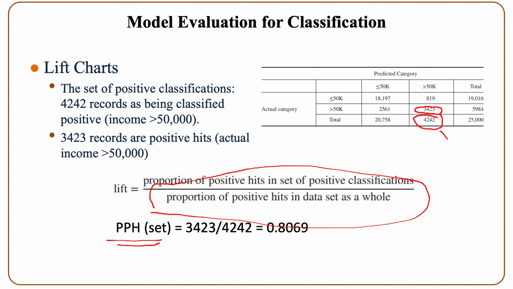So plug those in. We get the proportion of positive hits in a set of positive classifications, which is 80.7%.